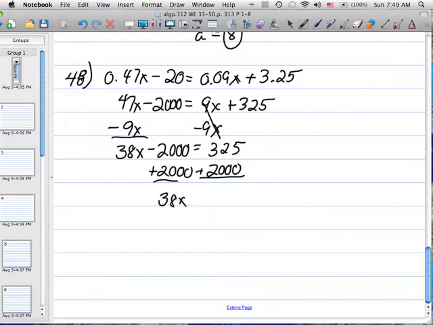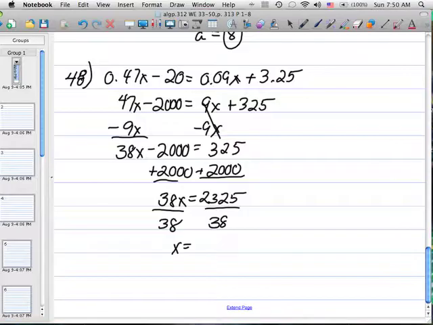We get 38x equals 2,325. Divide both sides by 38. And there is no common factor for these two, the numerator and denominator, so our answer is 2,325 over 38.